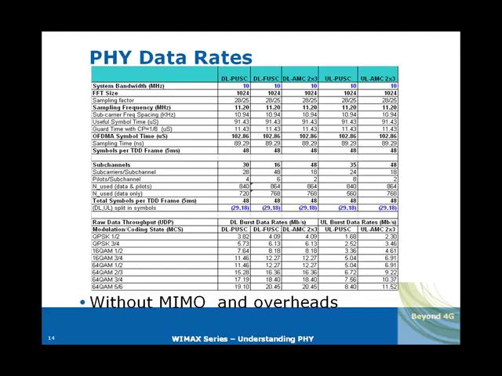The maximum data rate that we can achieve with 64 QAM 5/6 is 19.1 Mbps. This number is without MIMO, so theoretically we can double the data rate, and it also has overhead not taken into account. In uplink PUSC, we can reach a theoretical data rate of 8.40, which is without overhead considered, and the effect of MIMO, the uplink collaborative MIMO, is not added here.